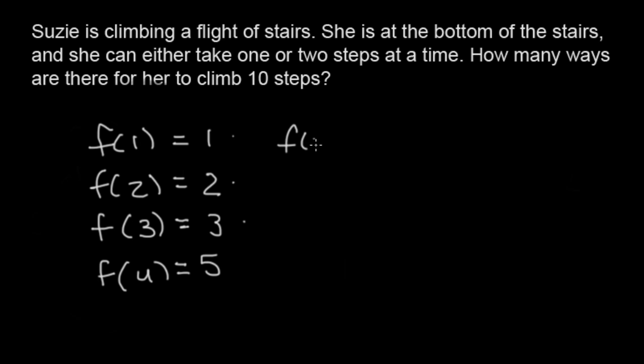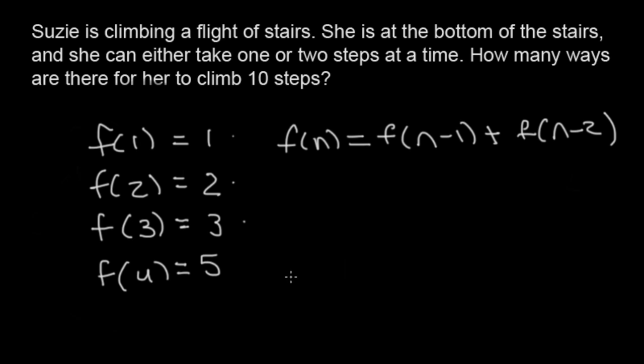If you think of Fn, I would guess that it's Fn minus 1 plus Fn minus 2. So if you're trying to find F4, it would be F3, which is n minus 1, and F2, which is n minus 2. So now that we have a general idea how it might work, we're not sure if this is true or not, but we're going to try to prove this.